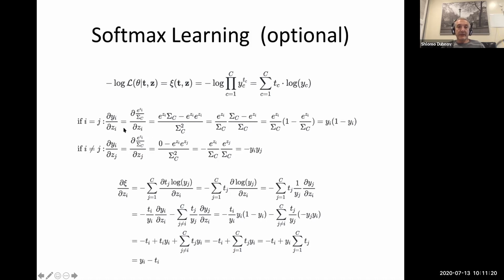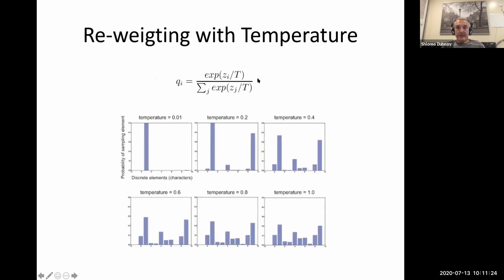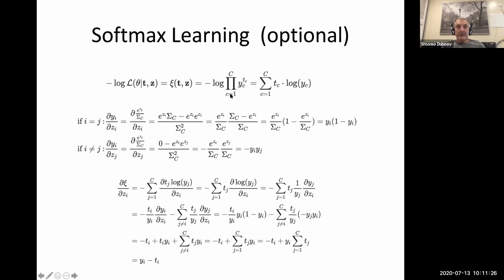So you normalize with this sum, and neuron J also enters into the normalization of I, so it appears there. That's another point to consider: in this derivative, you have this relation between yi and yj. This is how they're correlated.